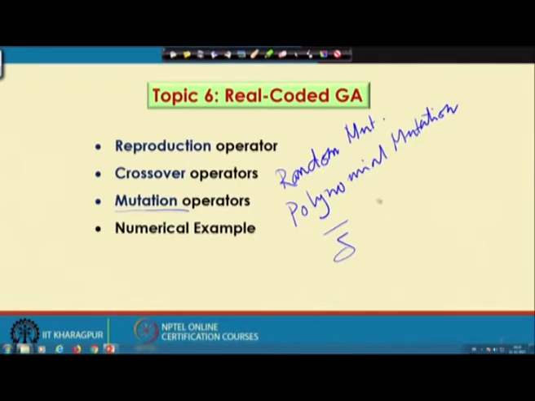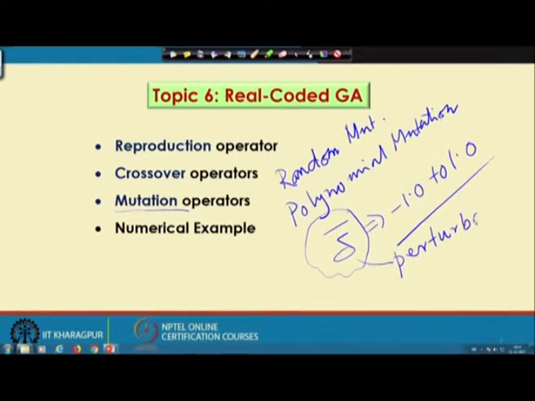This perturbation factor is going to vary from -1 to +1, and we try to find a numerical value lying in this range. The perturbation factor is nothing but the dissimilarity factor. Perturbation is nothing but a dissimilarity.